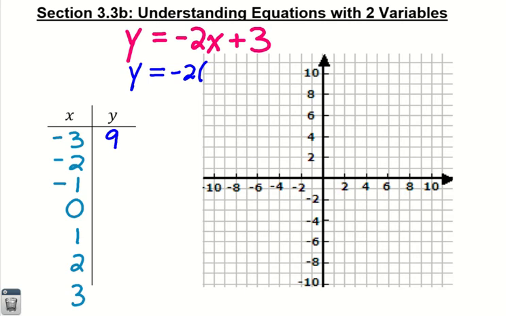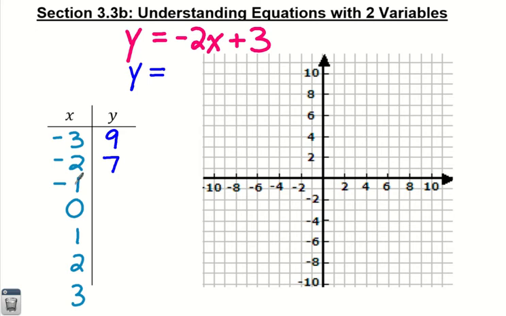So that would be 7, sorry. And so there's another pairing, where this would be x, this would be y. So these are together, just like -3 and 9 are together as an ordered pair.